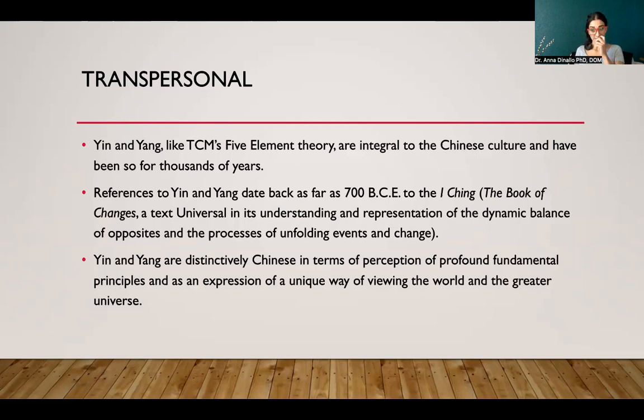So these references go all the way back to 700 BCE, and you can find that information in the I Ching, a book of changes, which talks about the dynamic balance of opposites and the unfolding of events and day-to-day aspects. So yin and yang are distinctively found within the Chinese system of perception and allow us a more expansive way of looking at the world as well as looking at course material.